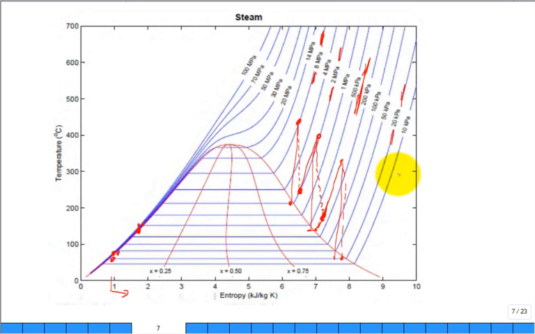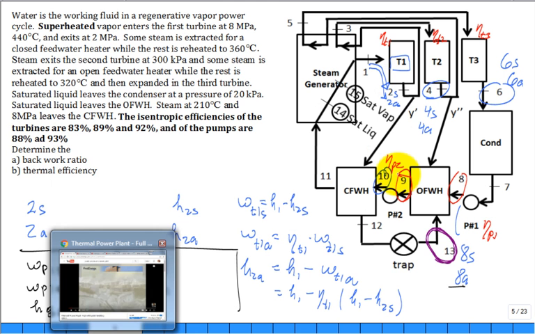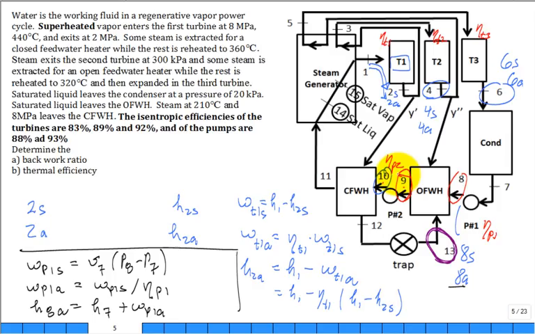All right, now let's jump back. So we got 9 and 10. Where is state 11? What was the pressure at 11? 8 megapascal. What was the temperature at 11? 210 degrees C. True?